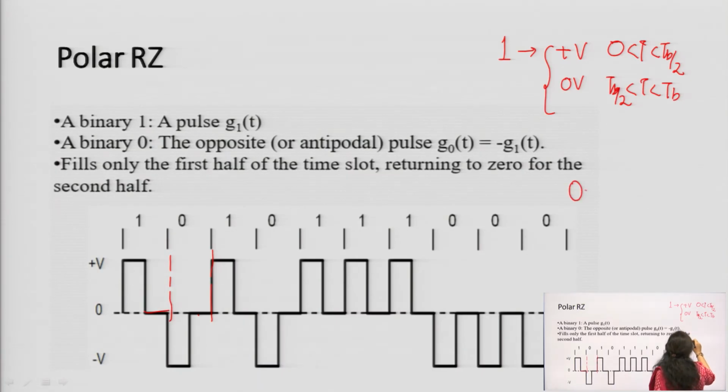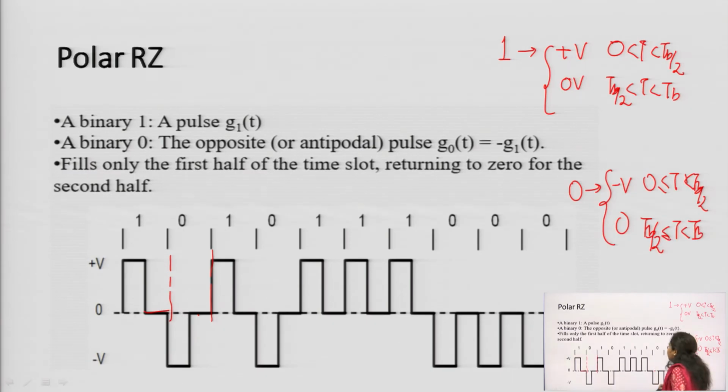For the 0 you have to write minus V for 0 to TB by 2, and 0 volt for TB by 2 to TB. So, this is how you have to draw the polar RZ, polar return to 0.